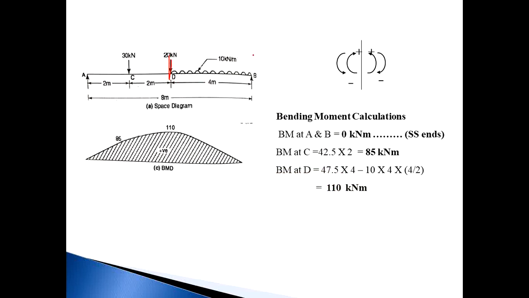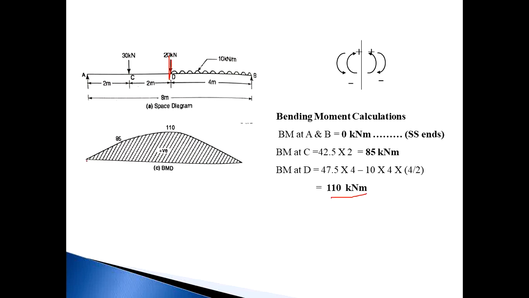This is the anti-clockwise moment, and an anti-clockwise moment is considered positive. Then for the UDL, the intensity of the UDL is 10, the length of the UDL is 4, that is 10 into 4, and it acts at half of this BD portion. Half means 4 by 2, so the distance is 2 meter. So the bending moment at D is 110 kilonewton meter.